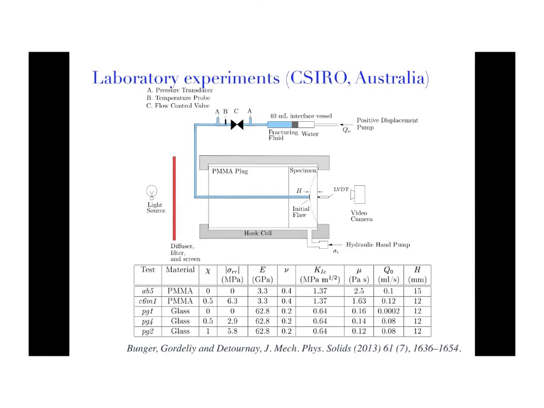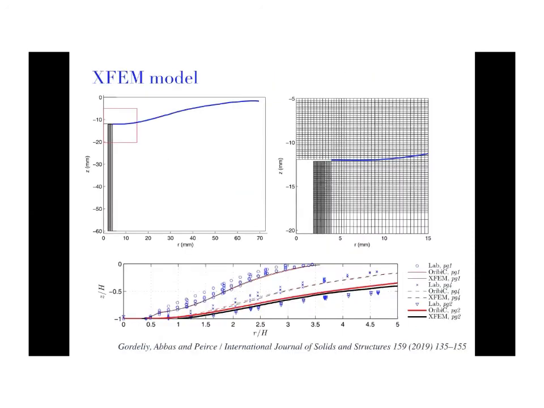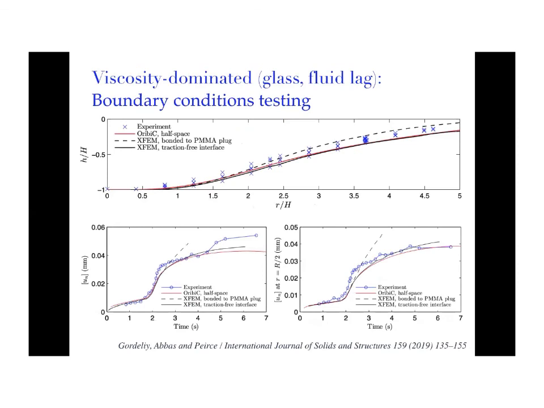Is there friction, or is it more like a traction-free surface? We were thinking maybe this is something that would change the trajectory and help to get the crack front modeled better. So that's one test that we have done.